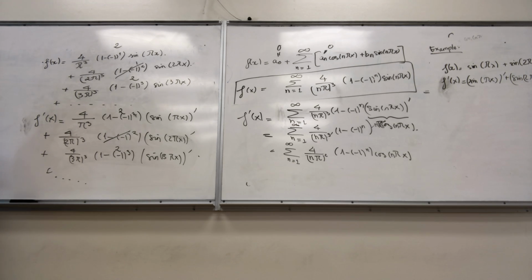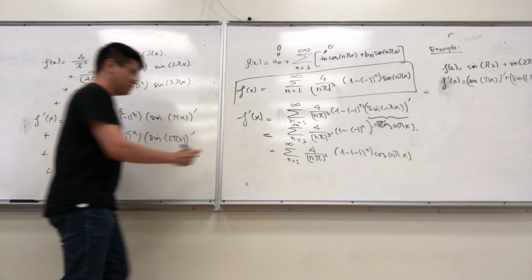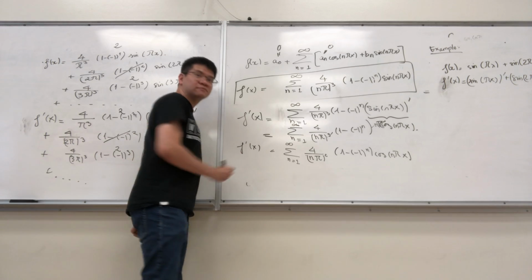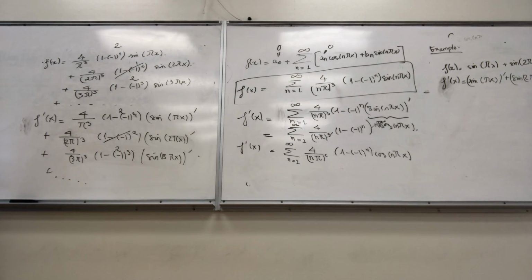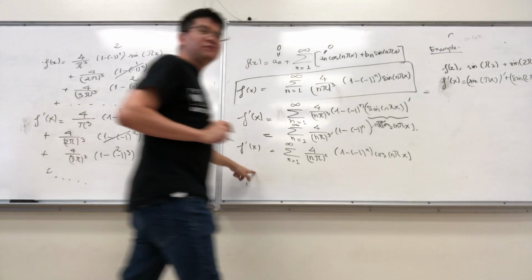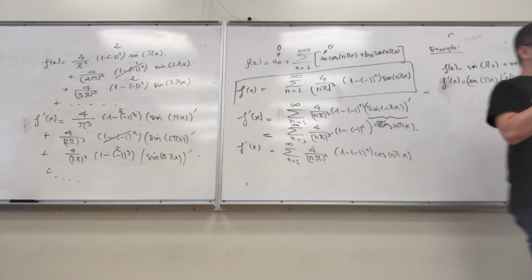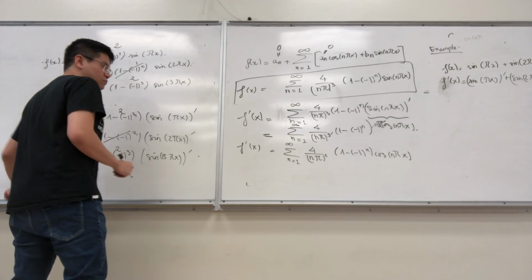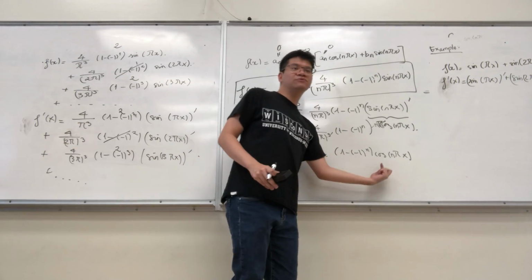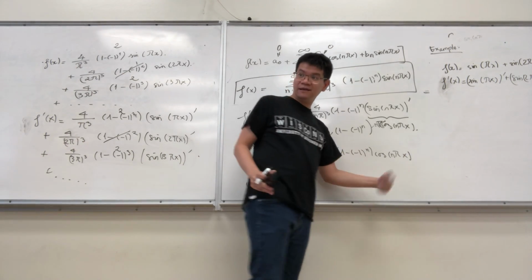Now suppose that I want to take the second derivative. What should I do? So this is f prime, and I want to take f prime prime. To compute f prime prime, I'm going to take the derivative in cosinus again.